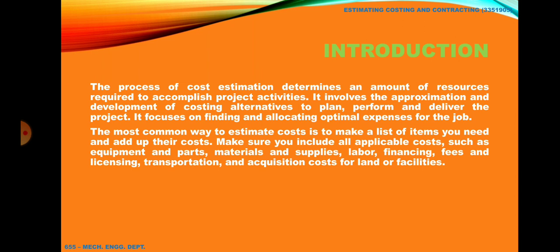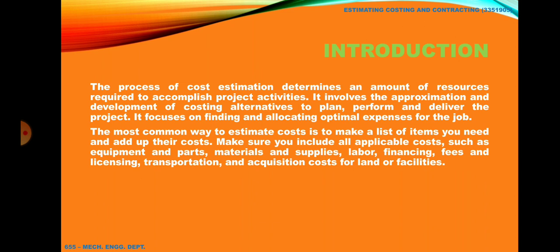The most common way to estimate the cost is to make a list of items you need and adapt their cost. As we discussed in our project, if we go for any process, we first have to make a list of which type of resources and machinery are required, and see approximately what the cost is.